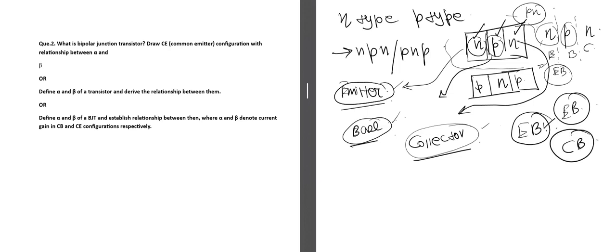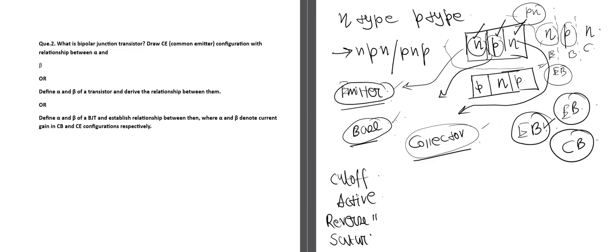Now a transistor operates in three modes, or we can say four modes, but the fourth mode is not of so much importance to us. The four modes are cutoff, active, reverse active, and saturation. We will write the configuration of the EB junction and CB junction.